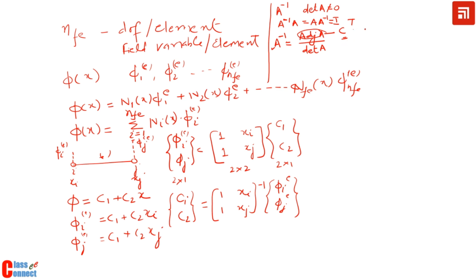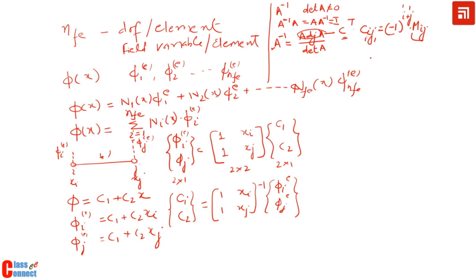The element of the cofactor matrix, if it is Cij, will be equal to minus 1 to the power i plus j times the minor Mij. So if we are talking about 1 1, the first row and first column, the sign is positive, since 1 plus 1 is even.